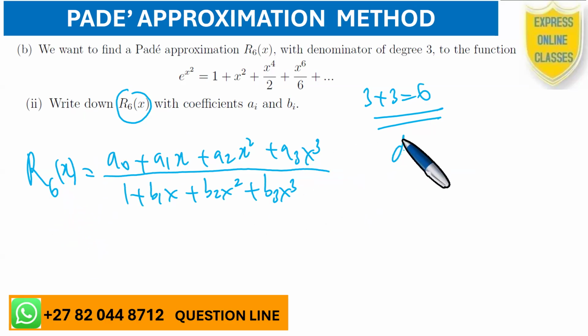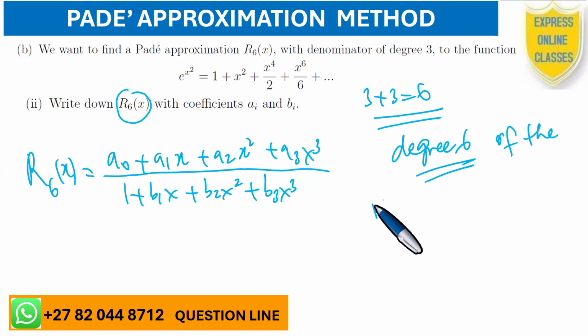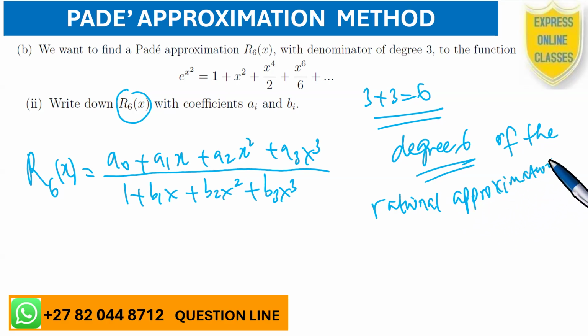Degree 6 of the rational approximation. Okay, now we move on to the next point.